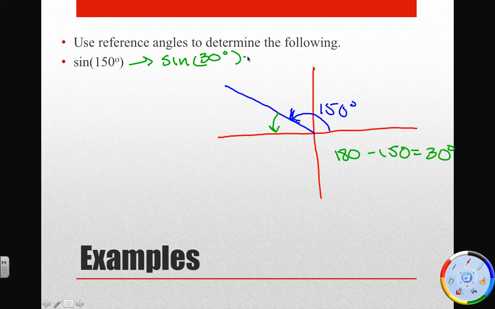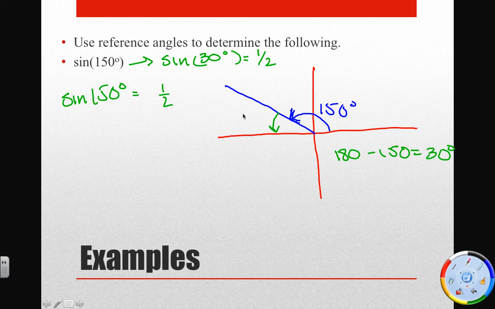Well, the sine of 30 degrees we know is 1/2. So the sine of 150 degrees is 1/2, but here's where the quadrants come into play. You have to make sure that it's positive half and not negative half.